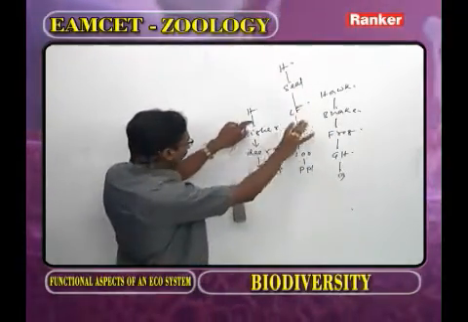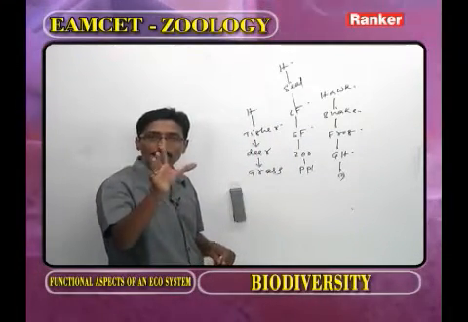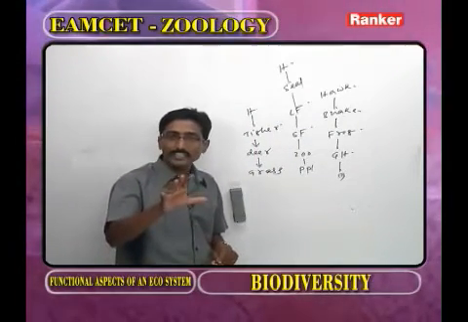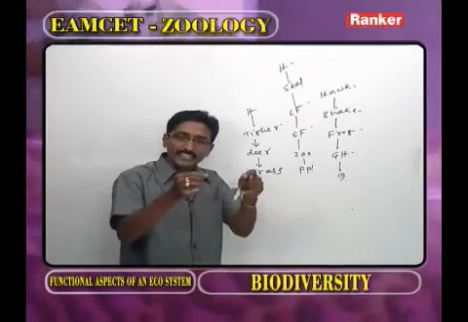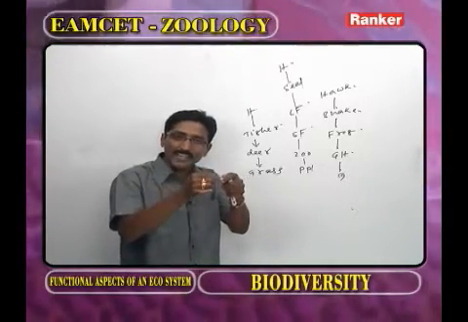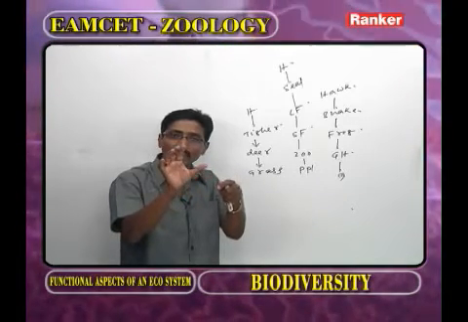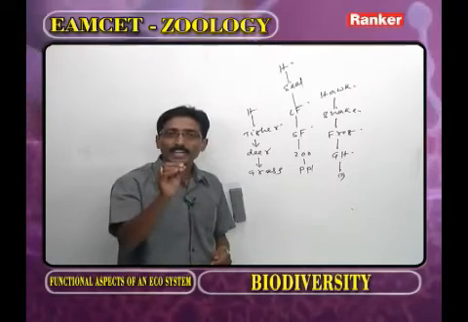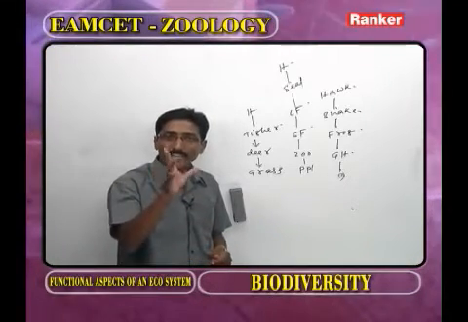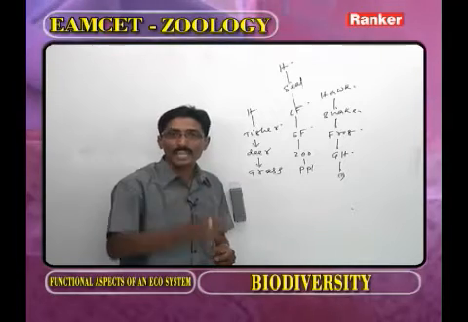That means as we observe the food chains, each food chain appears to be independent, but in reality the food chains are not independent. Among the food chains there is an inseparable association in the form of a net, that we call the food web, because in the ecosystem or in the kingdom Animalia, the animals have different feeding habits.